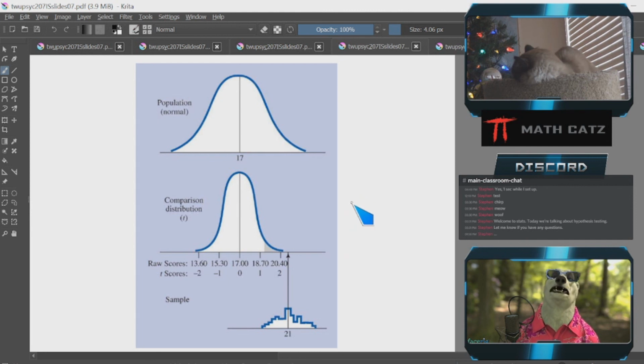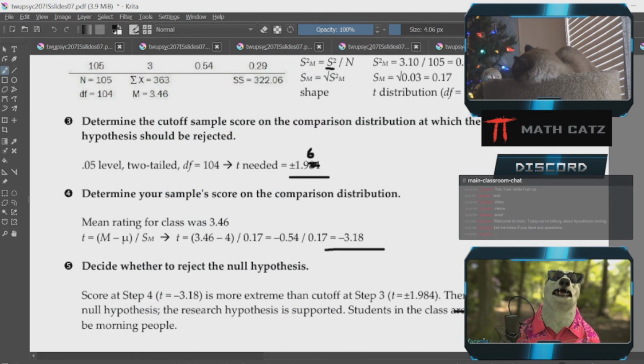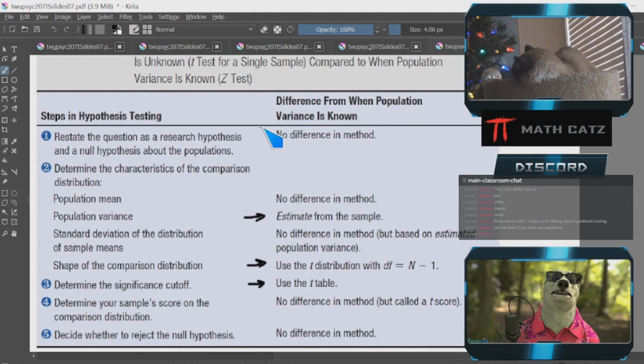So this is for a t sample, a t distribution. Let's go back to that table here. Also known as a t-test for a single sample. T-test for a single sample. Whenever I need to estimate the variance.